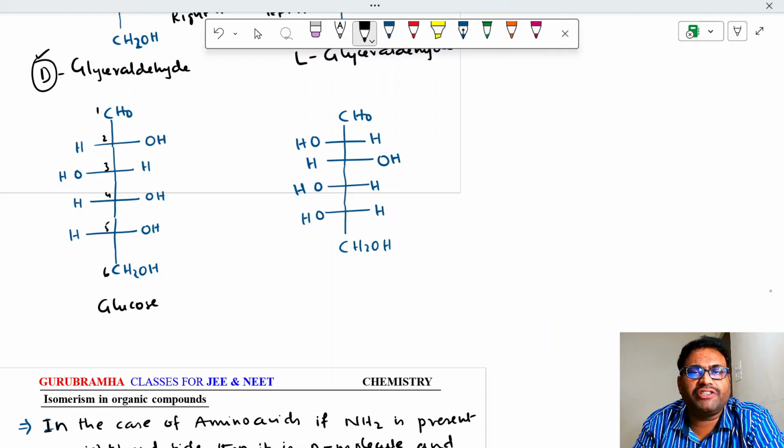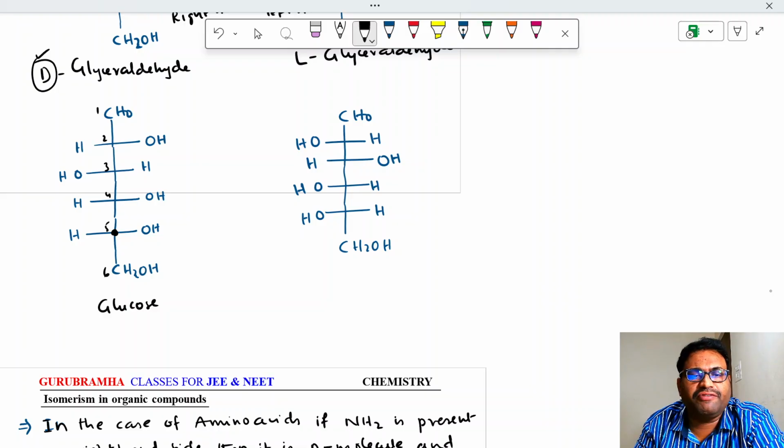Because only 2 functional groups are there in this compound: one is aldehyde, another is OH. Among aldehyde and alcohol, which has more priority? Aldehyde has more priority. So you are numbering from that carbon atom. Last but one carbon atom will be the 5th carbon atom.